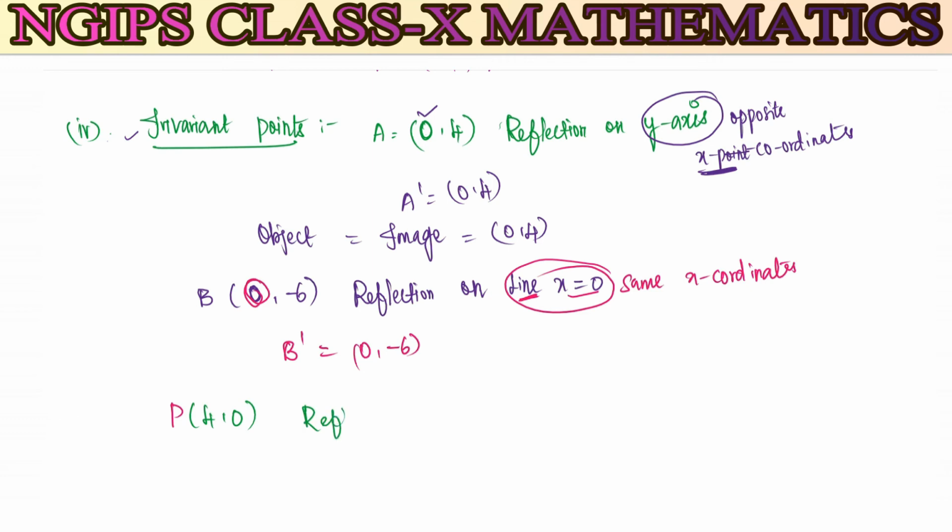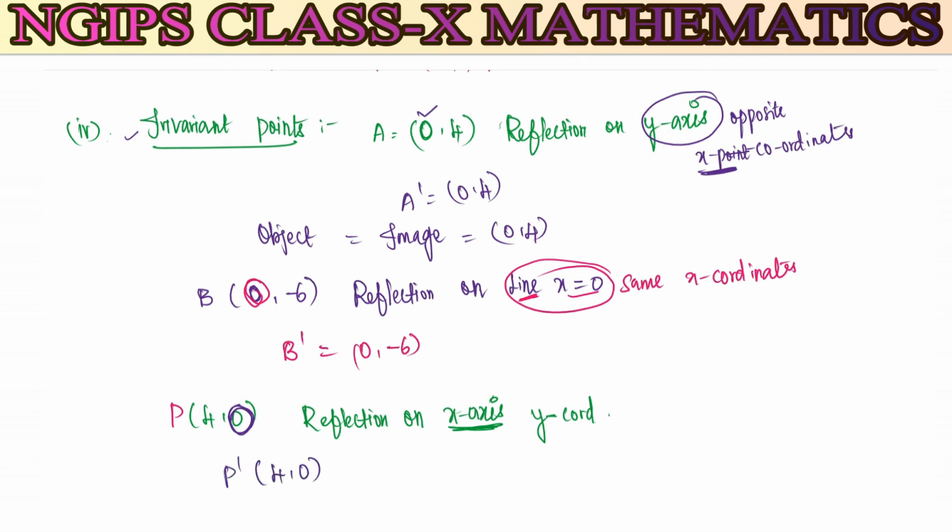When it is a reflection on x-axis, we have axis, so axis means we need to change the opposite, like the y coordinate you need to change. What we have here, the y coordinate is 0. So 0 is neither positive nor negative. We cannot apply the sign for 0. So P dash we will get 4 comma 0. Same as it is reflection.